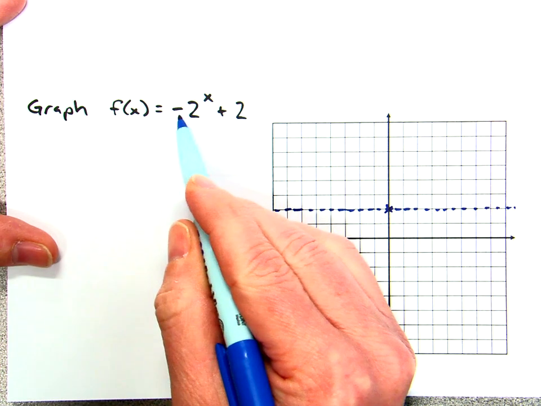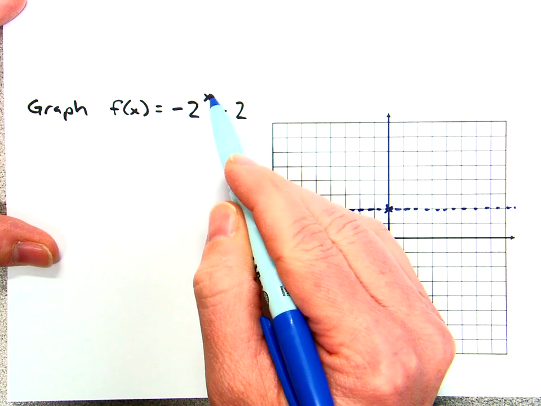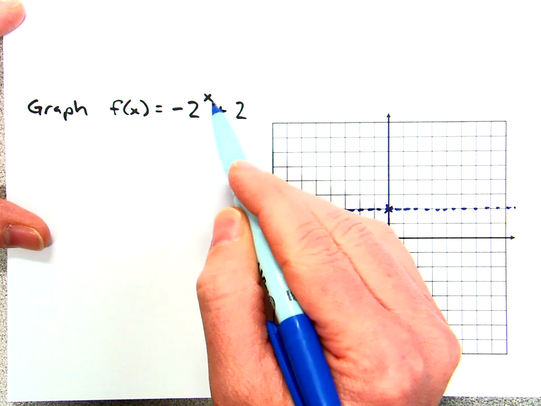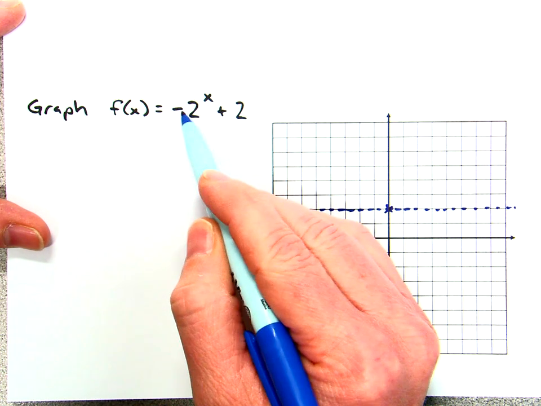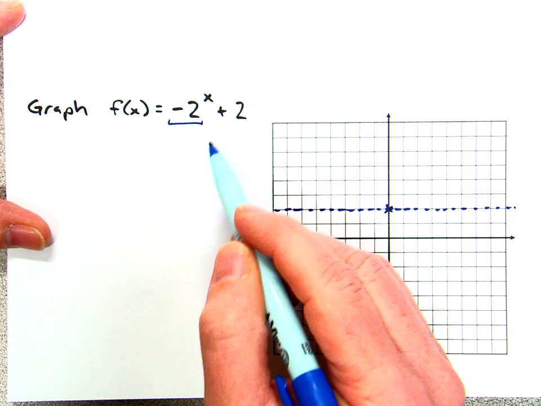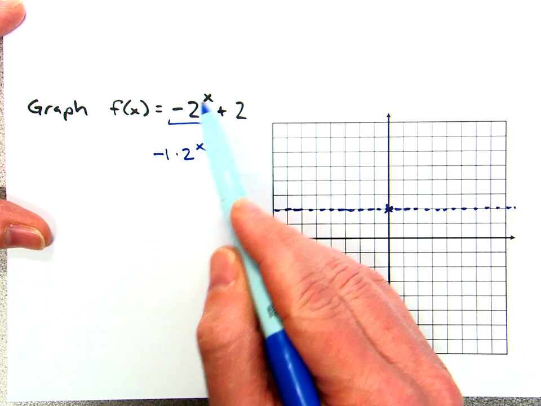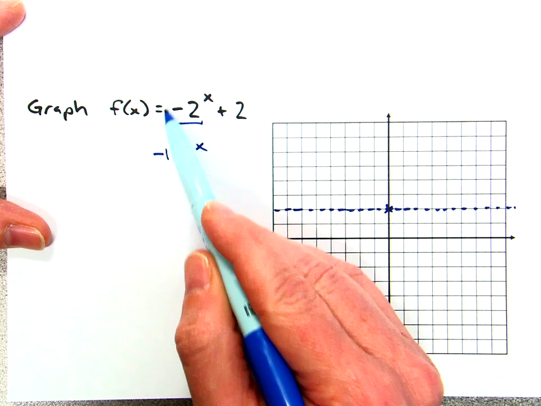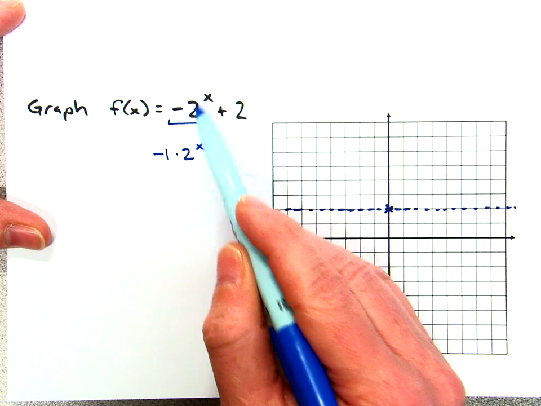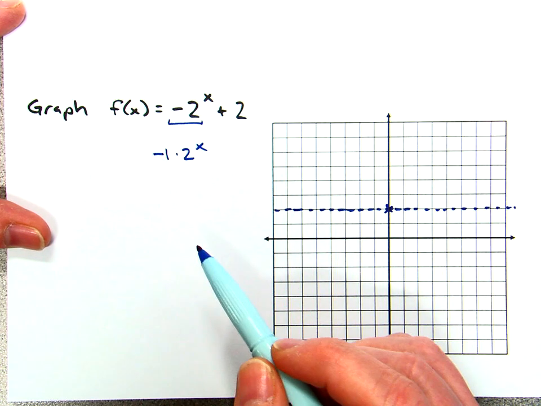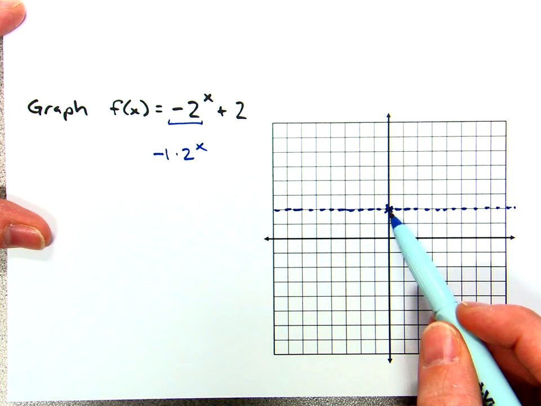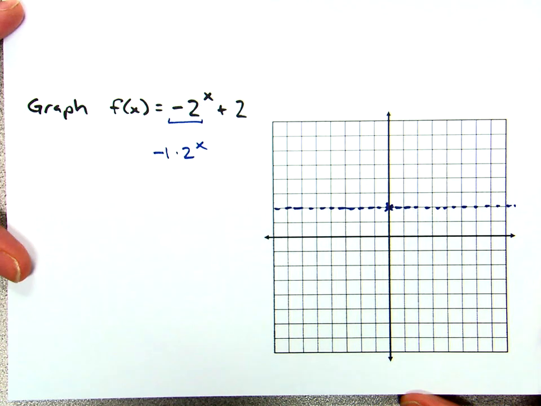I can say that this negative, because remember, order of operations says we would do exponents before multiplication. So I can think of this as -1 times 2 to the x, because the x is only on the base. It's not actually applied to the negative, otherwise there'd be a parenthesis here. Right? So now that I have my new origin, I can use A and B like I normally do.